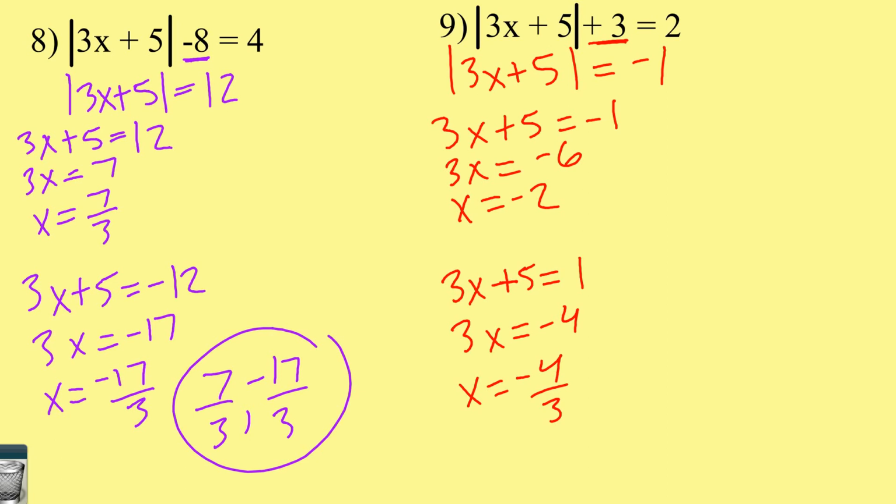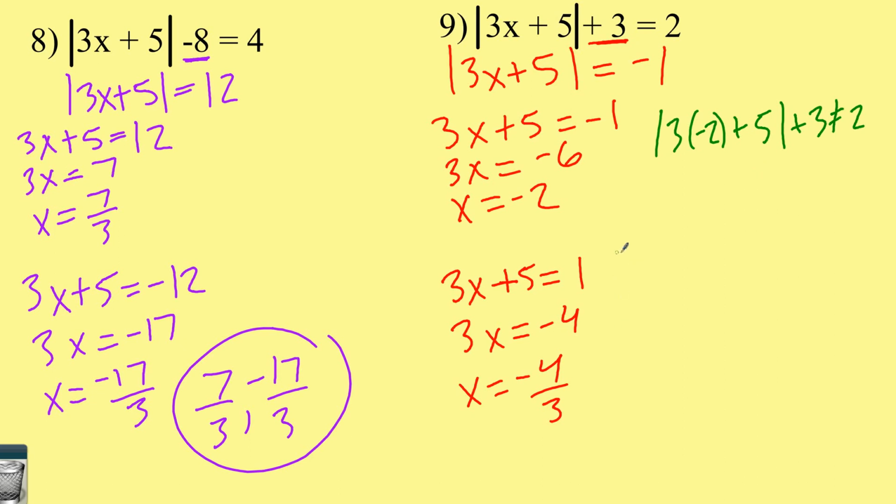You plug them in, and they should work, right? Well, 3 times negative 2 is negative 6, plus 5 is negative 1. Absolute value of that is just 1. 1 plus 3 is not 2. This one doesn't work. All right, maybe I messed something up there.